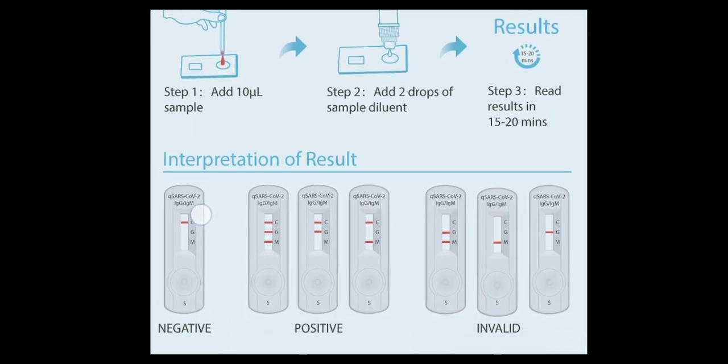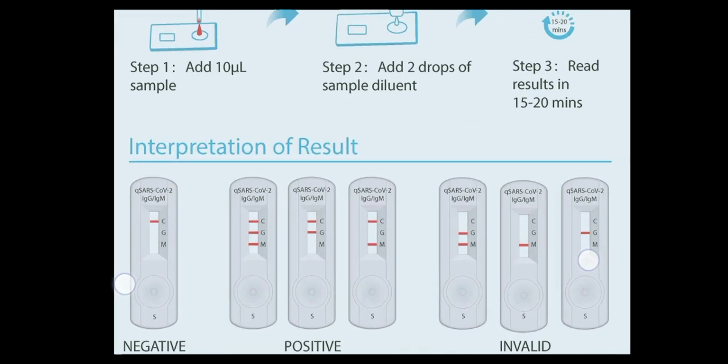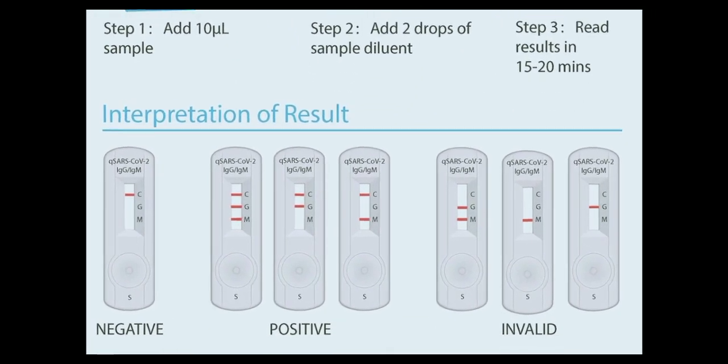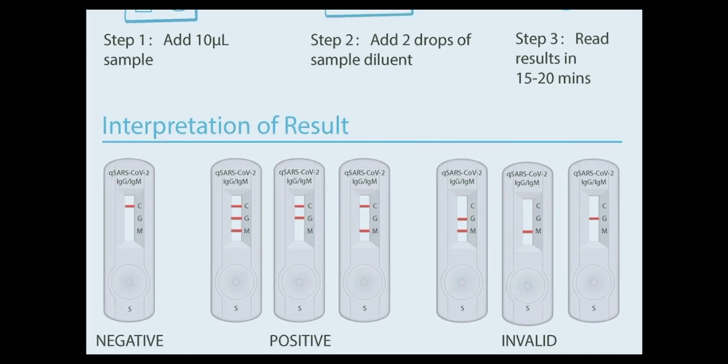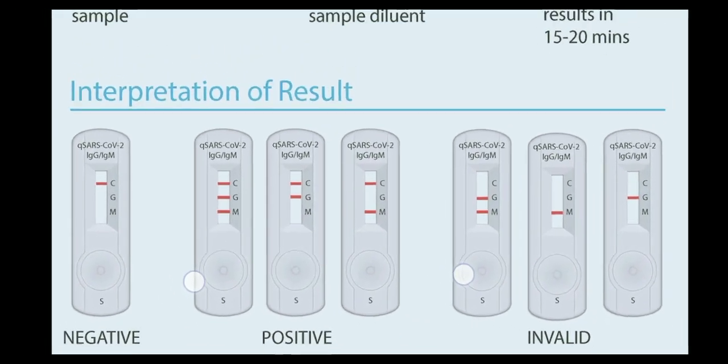Now let's move on to the interpretation of results. Here, as you can clearly see, if there is only a red line on the control section, then it indicates that the test is negative for coronavirus. And if there is a red line on any of the antibody sections along with the control section, then it indicates a positive test for coronavirus.